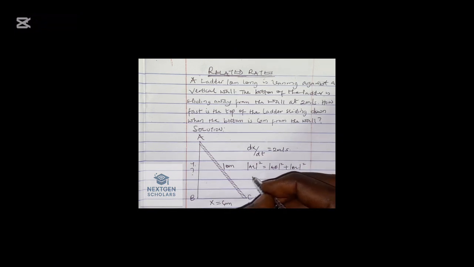AC is 10, so 10 squared is equal to AB, which we don't know, y squared, plus 6 squared. So 100 is equal to y squared plus 36. So 100 minus 36 is equal to 64, which is equal to y squared.